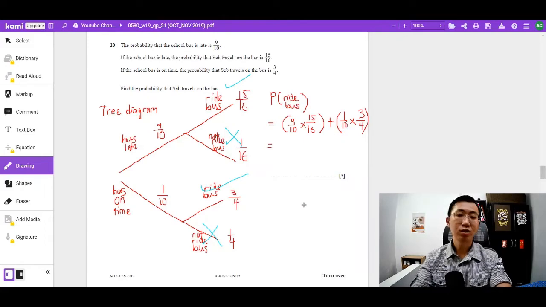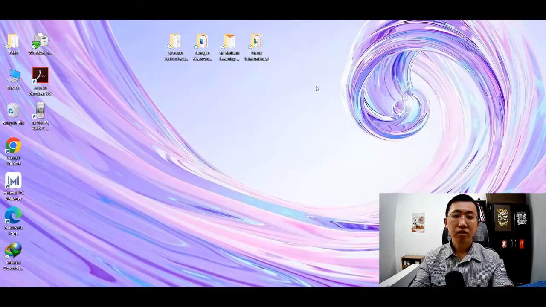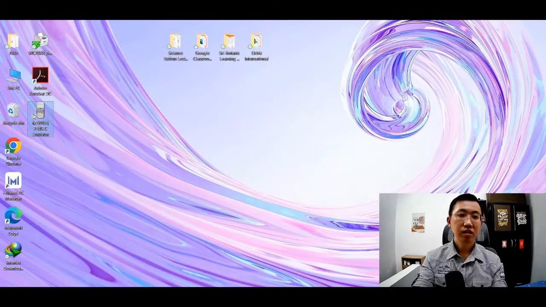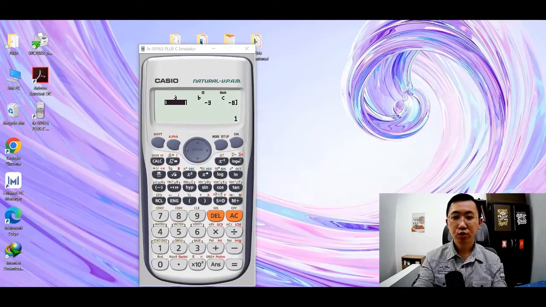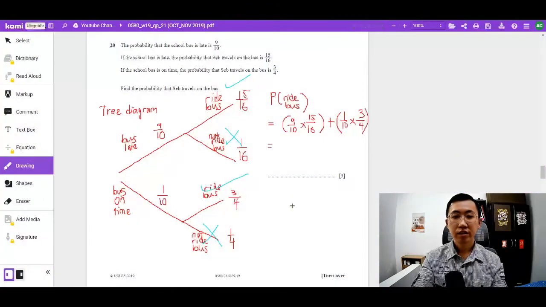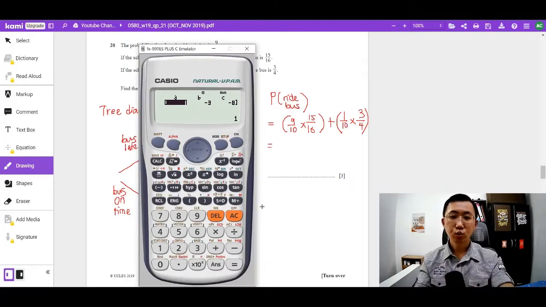So from here, you just use a calculator, right? So let me do that right now. Where's my calculator? It's missing. Okay, here you are. I need to shift clear. Learn how to clear this mode away. Okay, so be very careful. I can see fractions: 9 over 10 multiplied by 15 over 16, so put 15 on top, below 16, close it with the right button.